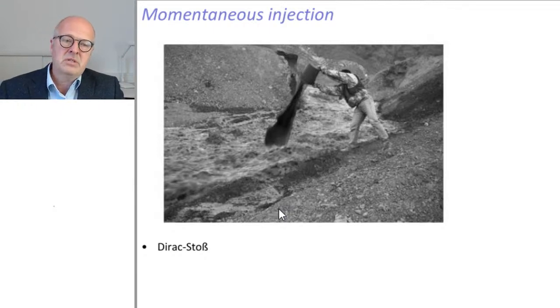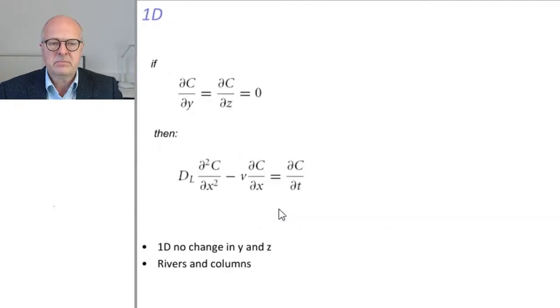Now this is an example. We inject tracer into the river with a big splash, and then from that start, which we call a Dirac pulse or impulse, we get dispersion.